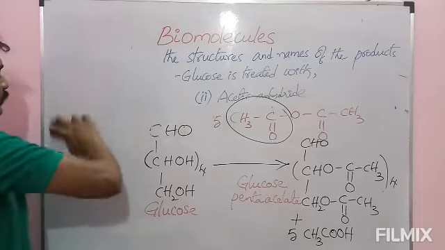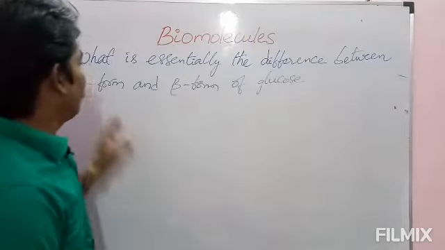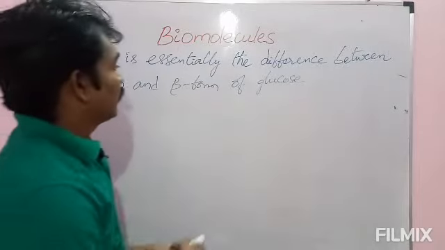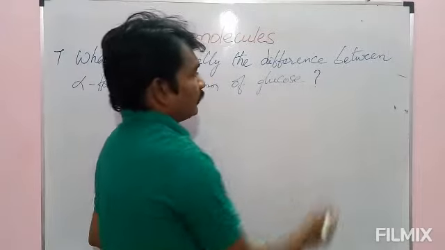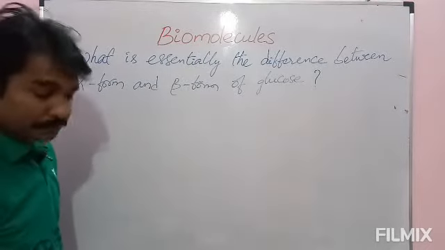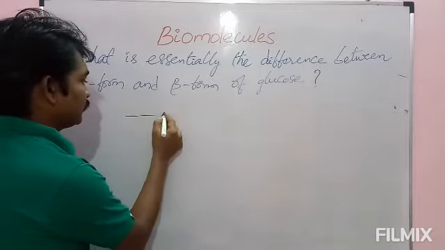Glucose pentaacetate is what is essentially the difference between alpha form and beta form of glucose? Alpha form, beta form of the glucose. We will check this one. I will write the structure of the alpha form first.